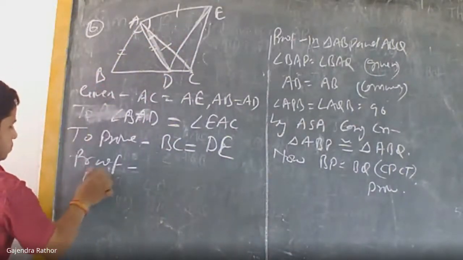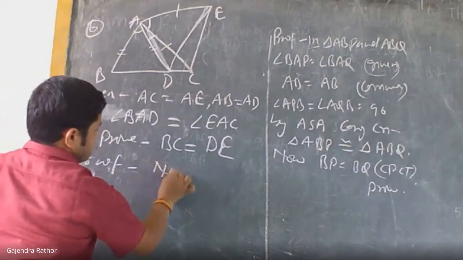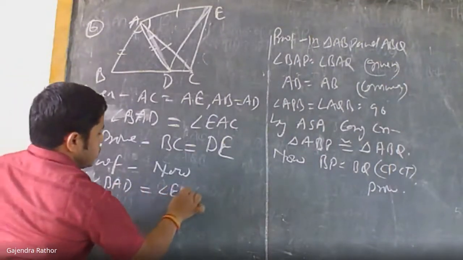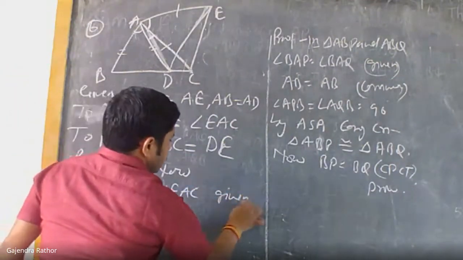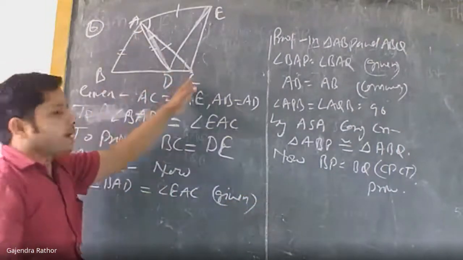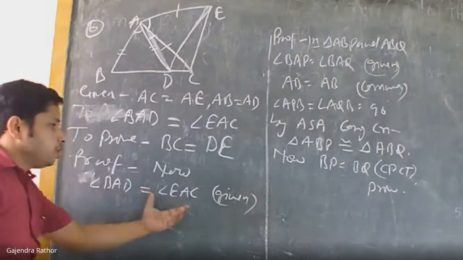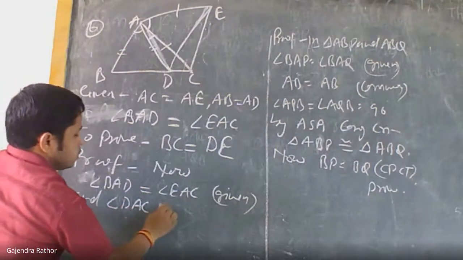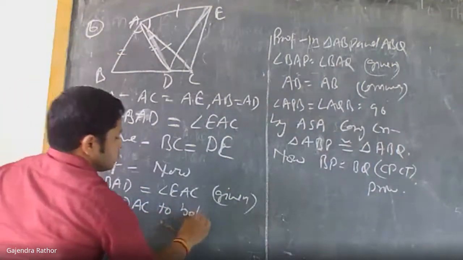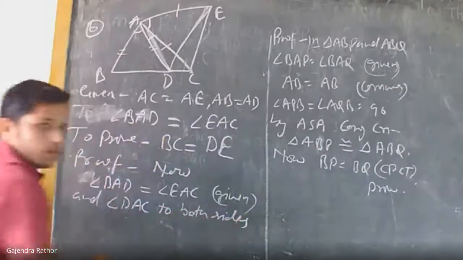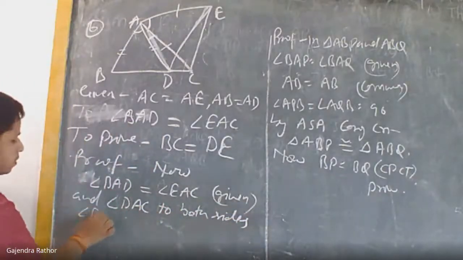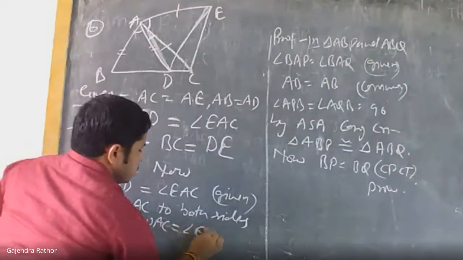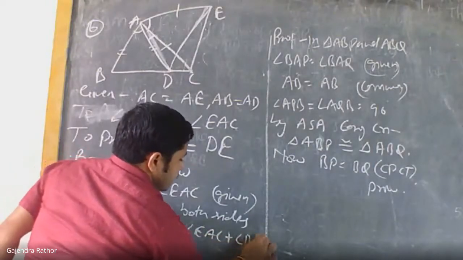Now angle BAD is equal to EAC, given. Now what is the common part? DAC. We will add the common part to both angles. Add angle DAC to both sides. Angle BAD plus DAC is equal to EAC plus DAC.